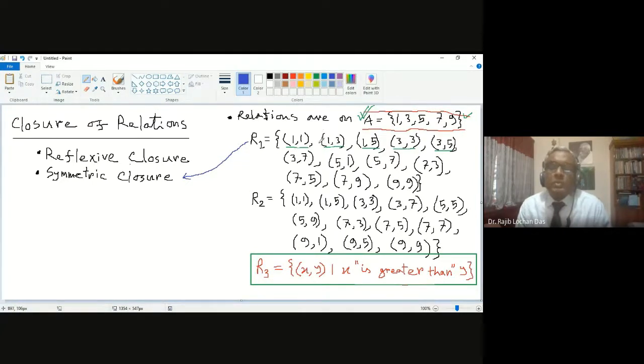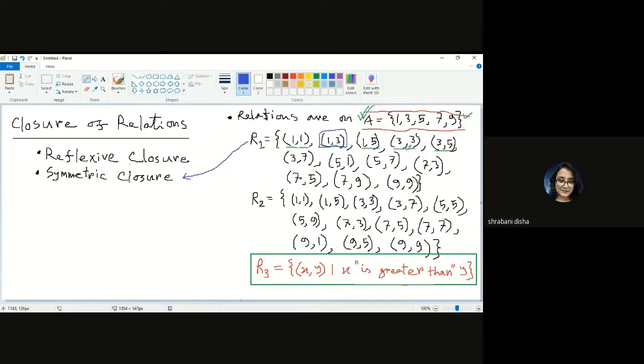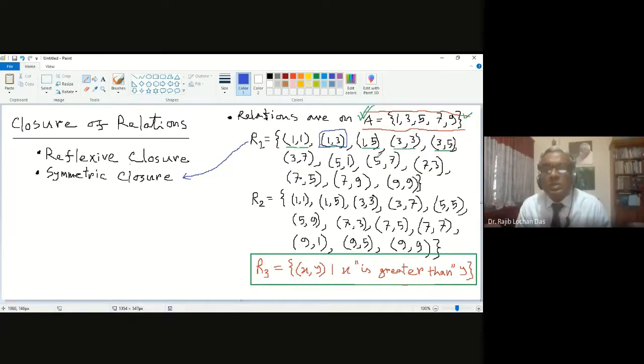So you will think about 1 1, and the opposite of 1 1 is the same thing, so don't worry about that. You think about 1 3. So 1 3 reversed is 3 1. Is it here already? No, sir. 3 1 is not present.